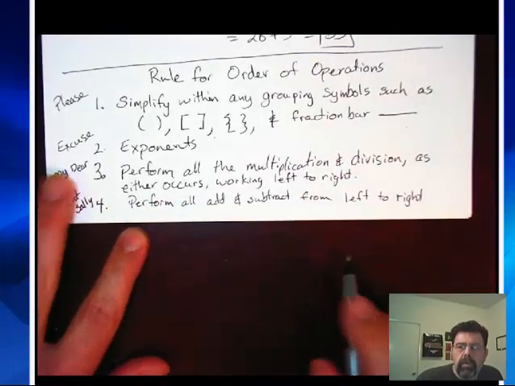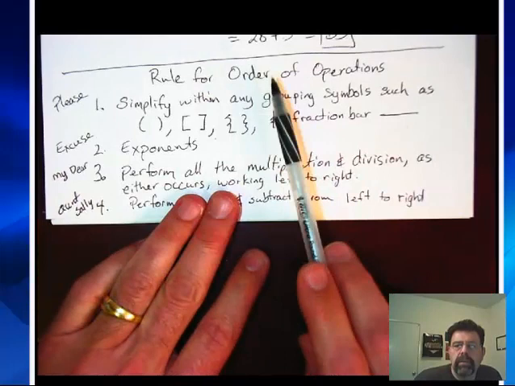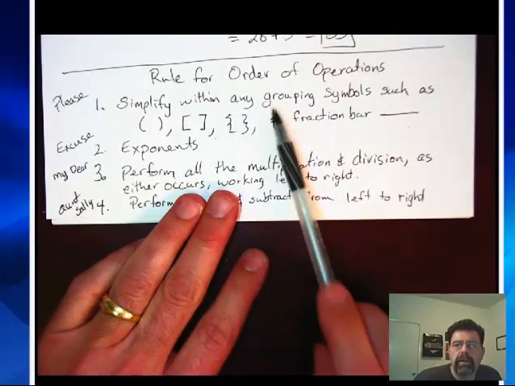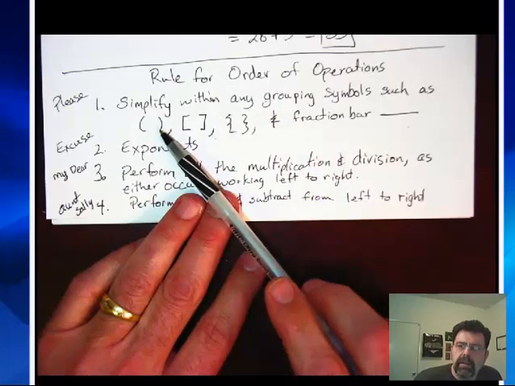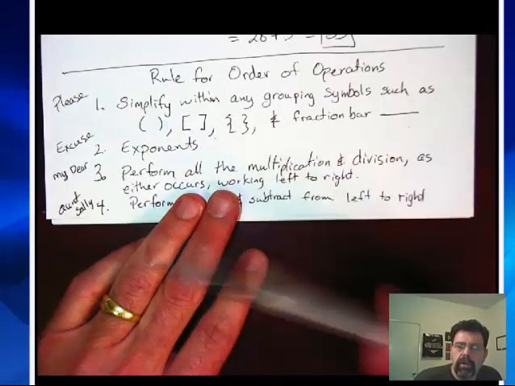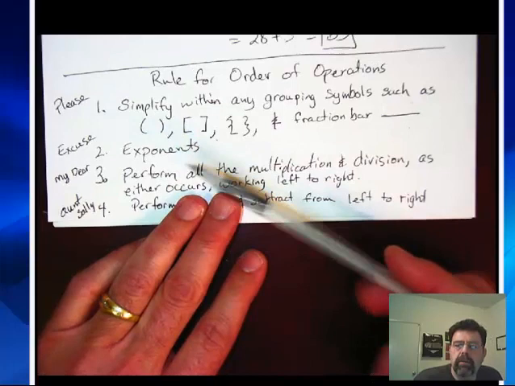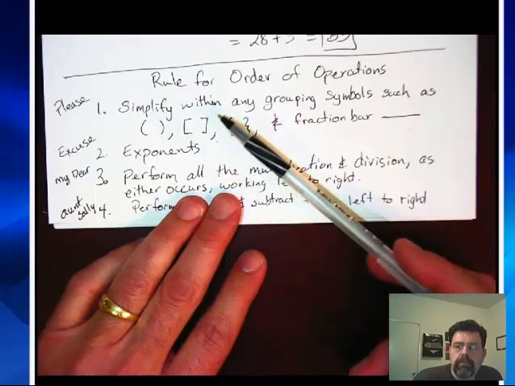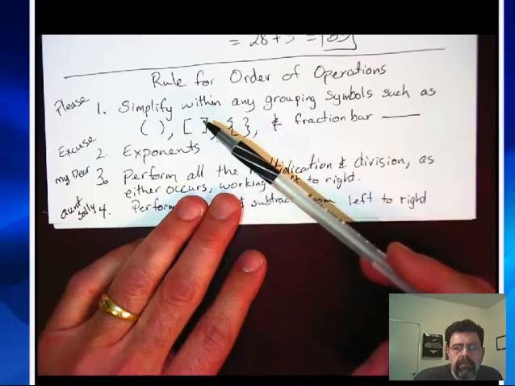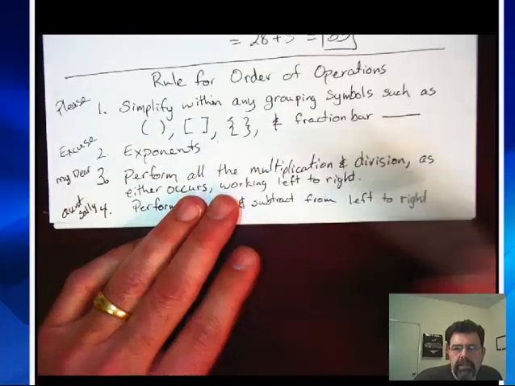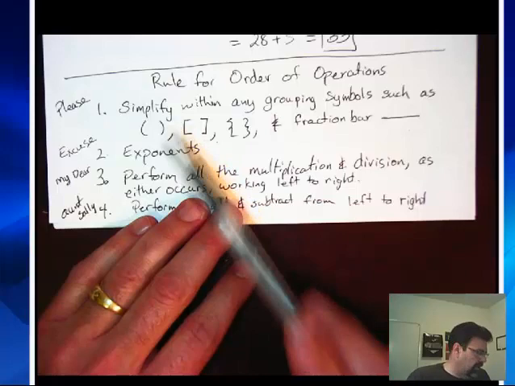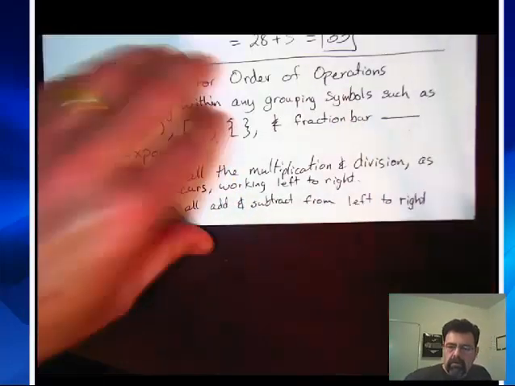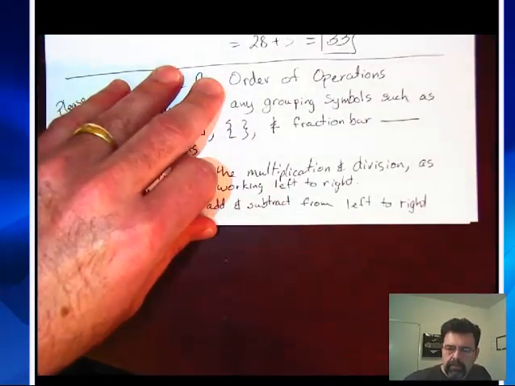And it's just like up here, as either occurs. One more thing I want to point out: when you're inside grouping symbols, you still follow order of operations. So inside a parenthesis, if there's another set of parentheses, you're going to work in there first. You can have 15 sets of parentheses nested in each other, and then you're going to start with the innermost parenthesis first. All right.